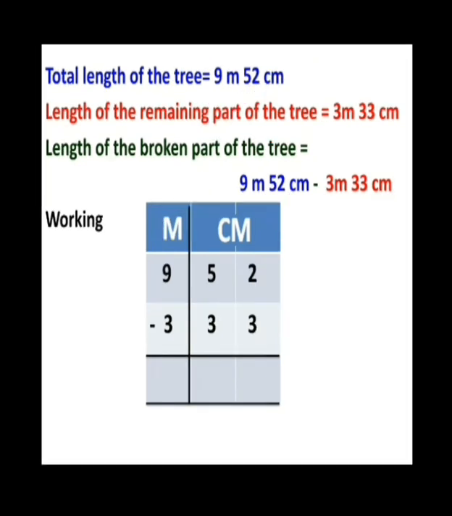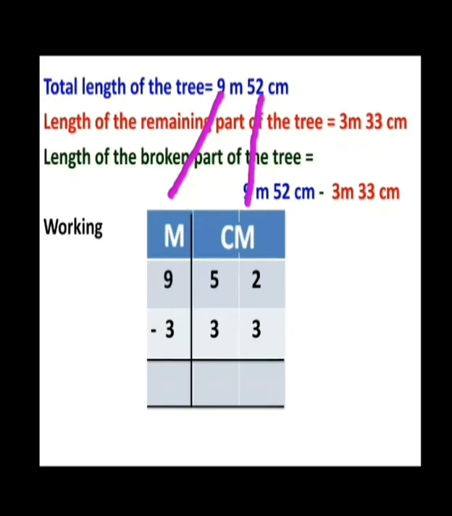So children, we will write 9 in meters column and 52 in centimeters column. In the same way, children, we will arrange the length of the remaining part of the tree. So 3 will come in the meters column and 33 will come in the centimeters column. Now children, we will subtract them.